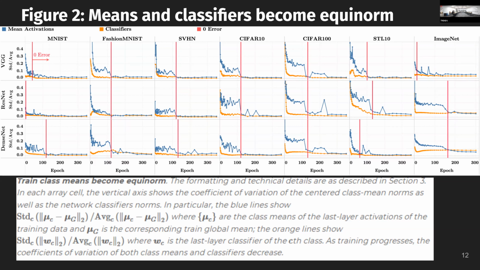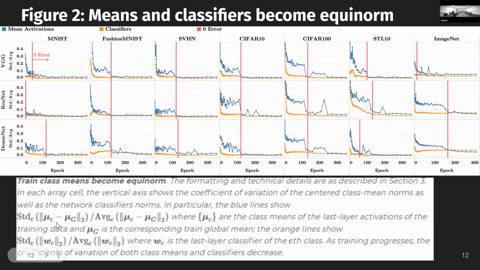So they have a general collapse condition that the class means and the classifiers become equidistant. I think this should be equidistant instead of equinorm. I don't know why I wrote that. Norms, as well as the network classifier norms, in particular.